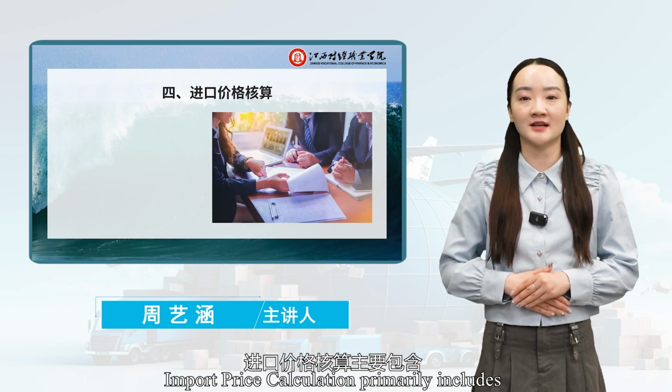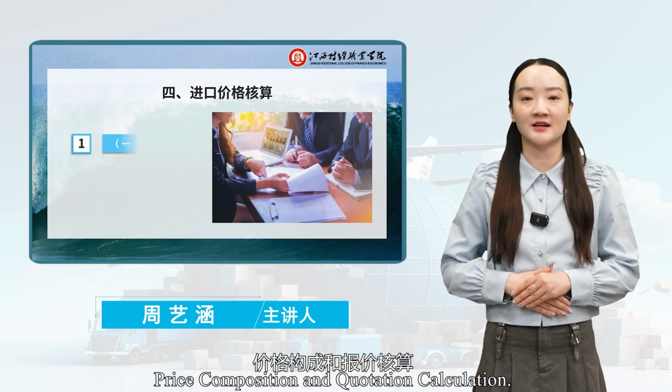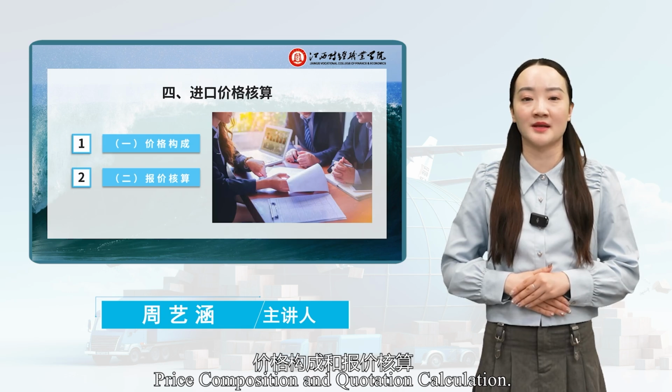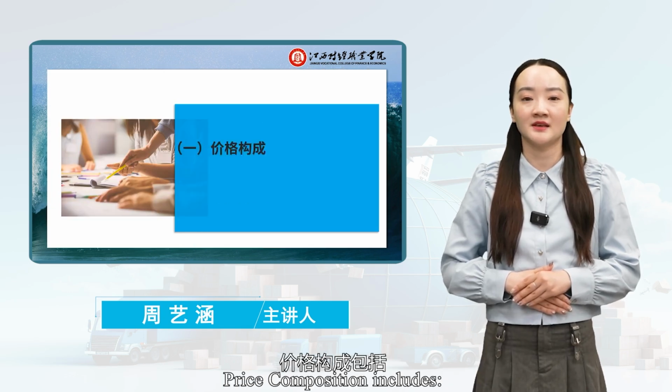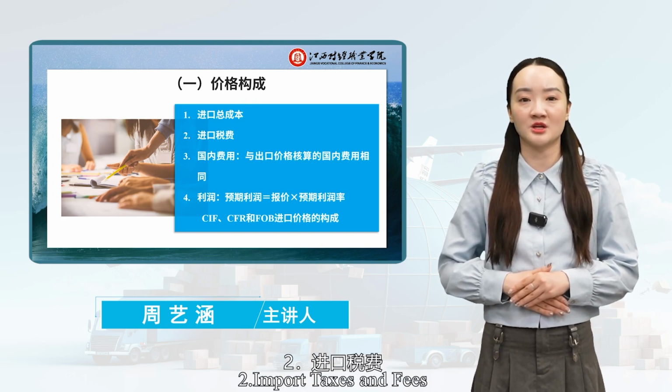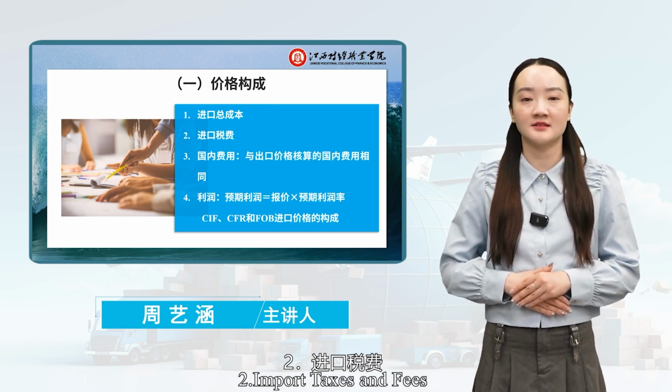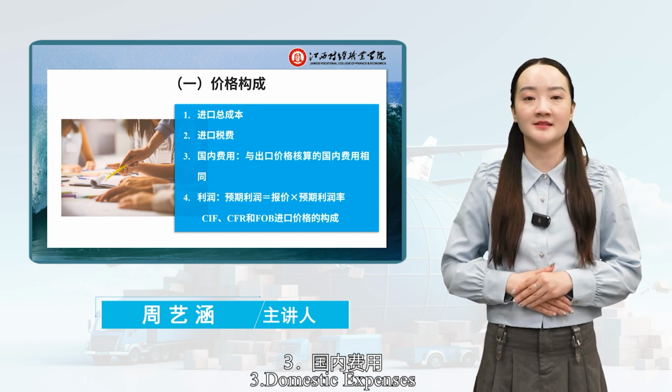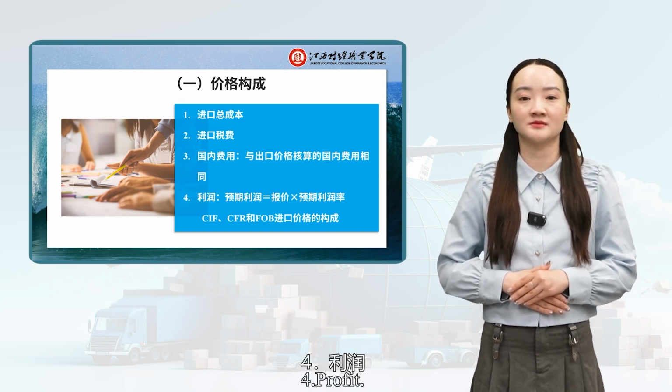Import price calculation primarily includes price composition and quotation calculation. Price composition includes first, total import cost, second, import taxes and fees, third, domestic expenses, fourth, profit.